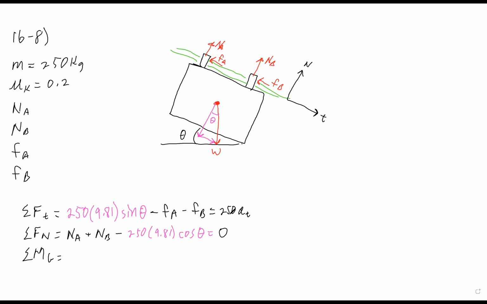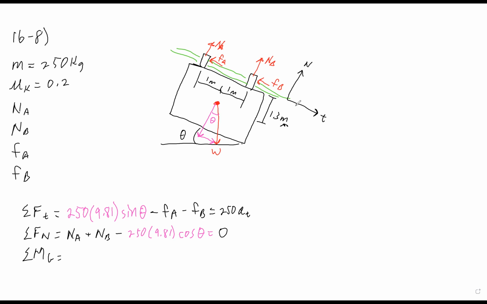Finally, we're going to have the moments about the center of gravity. For moments, we are going to need distances, and I didn't put my distances in the diagram. They tell us that the normal forces are 1 meter away horizontally in both directions. And then they give us a height to the center of gravity that's 1.3 meters.